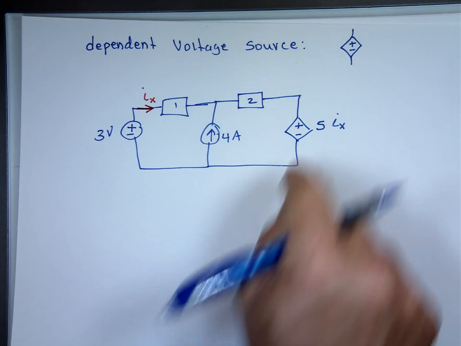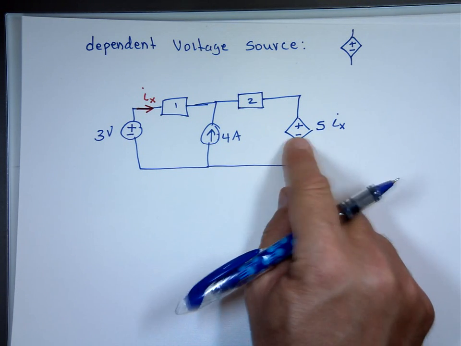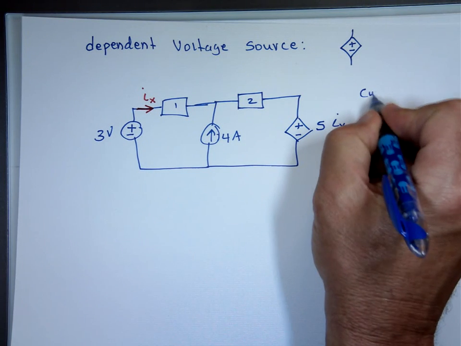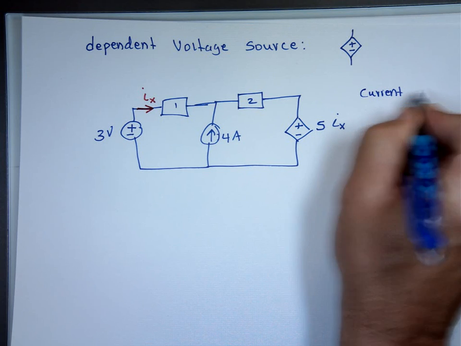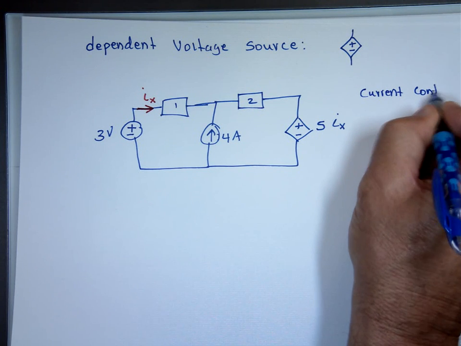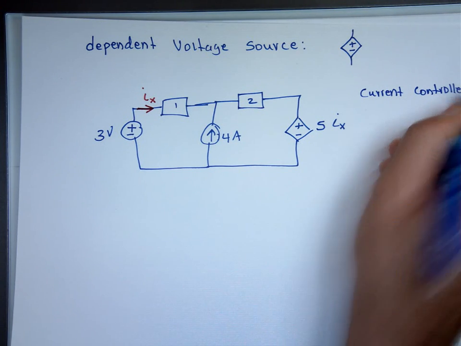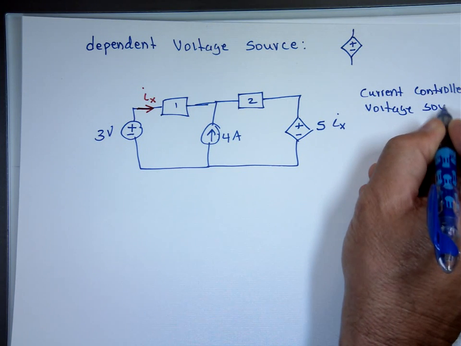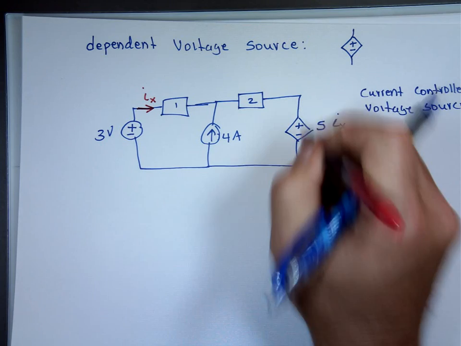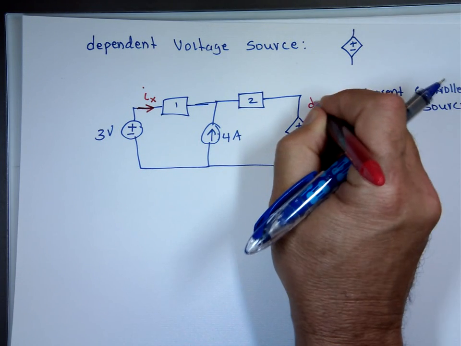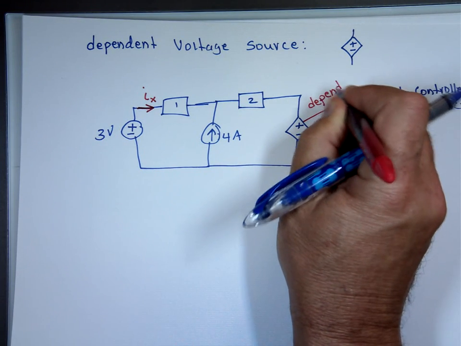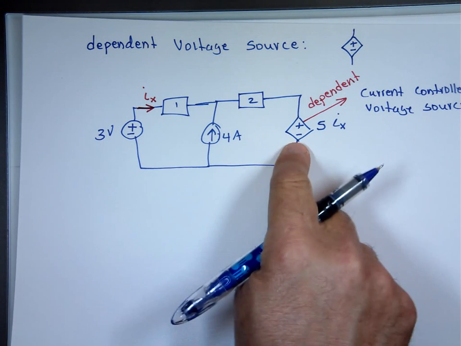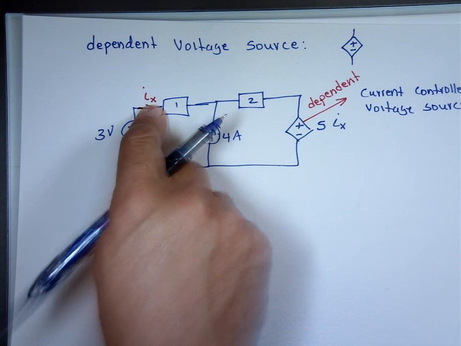It's a voltage source that depends on what? It's controlled by what? The current through that. So that's a current-controlled voltage source. So this dependent voltage source is current controlled. The value of this is controlled by the current coming through this.